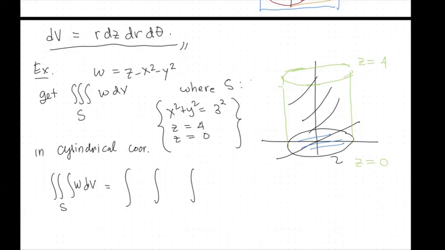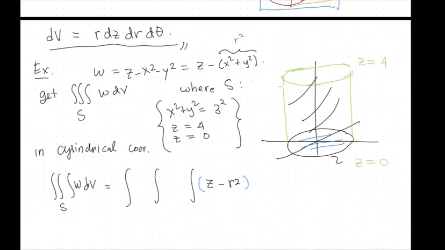W in terms of r, theta, z is just z minus x squared plus y squared, which is r squared. I put the parentheses to prevent confusion.